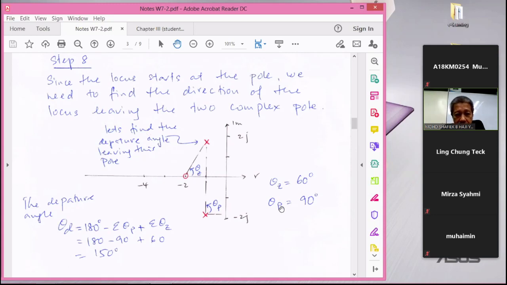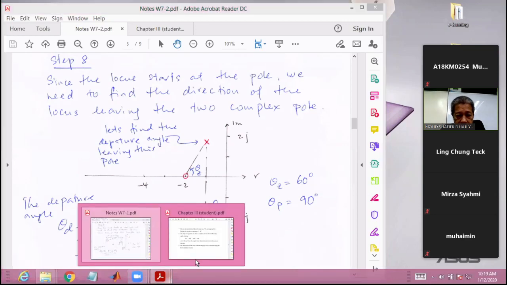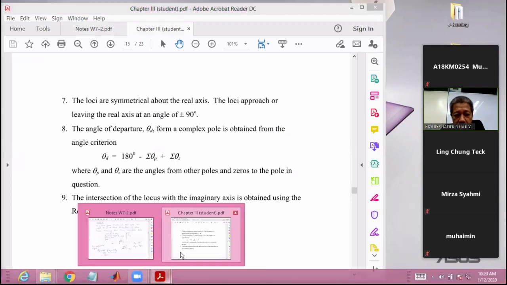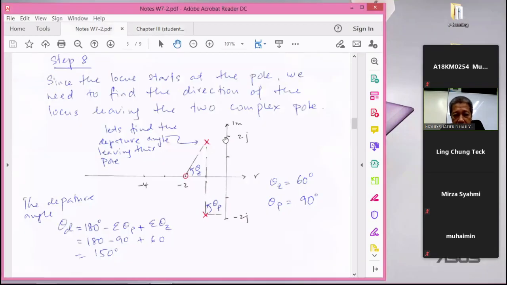Let me read this again. Theta p and theta z are angles from other poles and zeros to the pole in question. The pole in question is the pole that we want to find the departure angle of. Other than that pole, we have one other pole and one other zero.